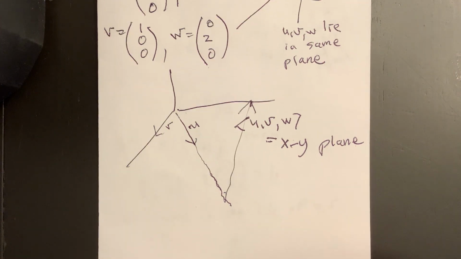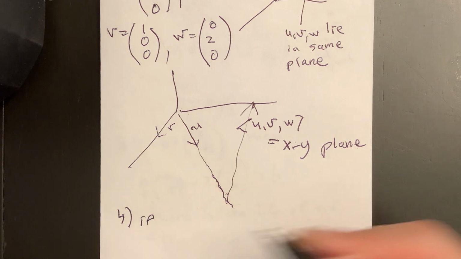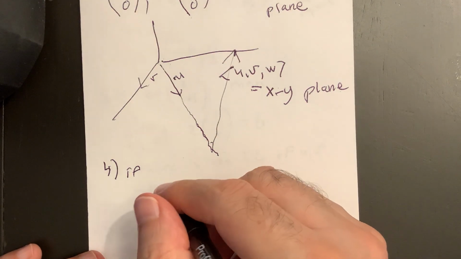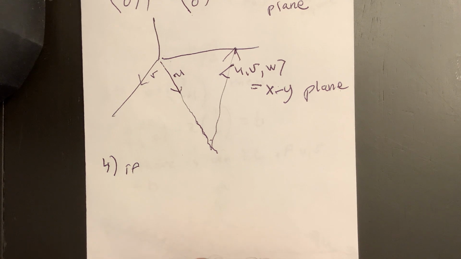All right. Finally, the fourth one. Now the word here is independent. So if the three vectors are independent, which means there is no multiple of any combination of the other ones that will give me one of them, then we get the whole space.